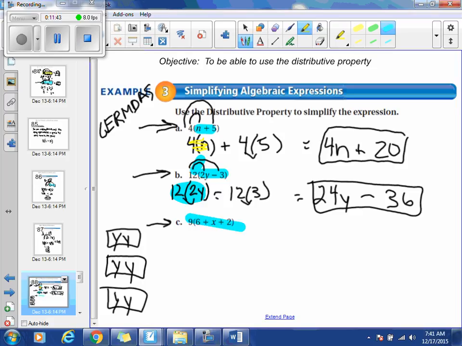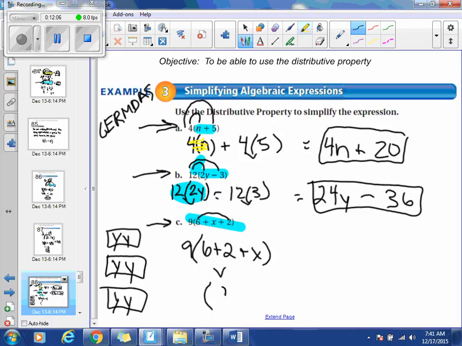Part C. All right, like a good math teacher, I'm going to check the groups first. Hey, finally I'm rewarded for doing the right thing first. I can take 6 plus 2. I can use the commutative property to put the 6 and the 2 by each other. So I'm going to write 9 times 6 plus 2 plus x.